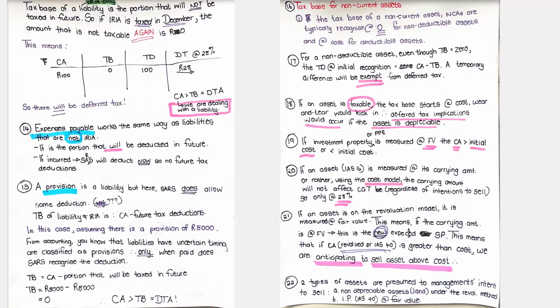I told you here, if your carrying amount for a liability is greater than your tax base, you have a deferred tax asset, because that means that whatever we're being taxed on is actually less than what we are. Effectively, our liability to SARS is lower than our accounting liability, which is a good thing for us.